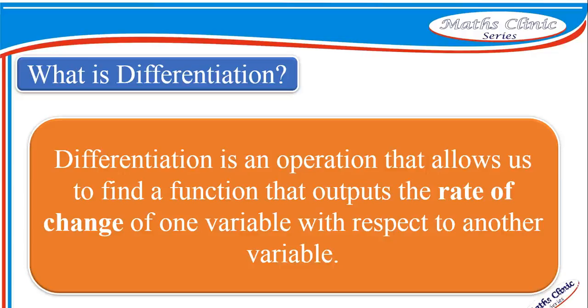And so with differentiation, we'll be having two variables. For example, if I think of height and weight, is there any relationship between height and weight? Is there any relationship between speed and time or velocity and time? These are some of the things we are going to consider under differentiation.